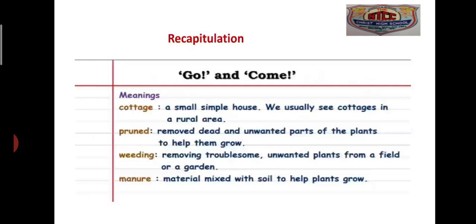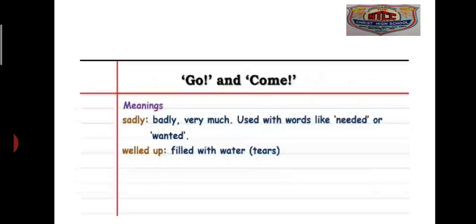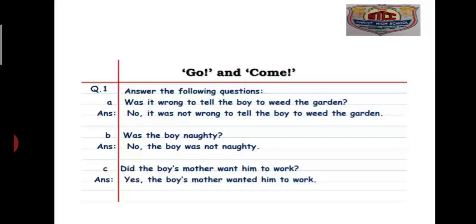Weeding: removing troublesome, unwanted plants from a field or a garden. Manure: material mixed with soil to help plants grow. Sadly: badly, very much, used with words like needed or wanted. Welled up: filled with water, which means tears. So these are your meanings.